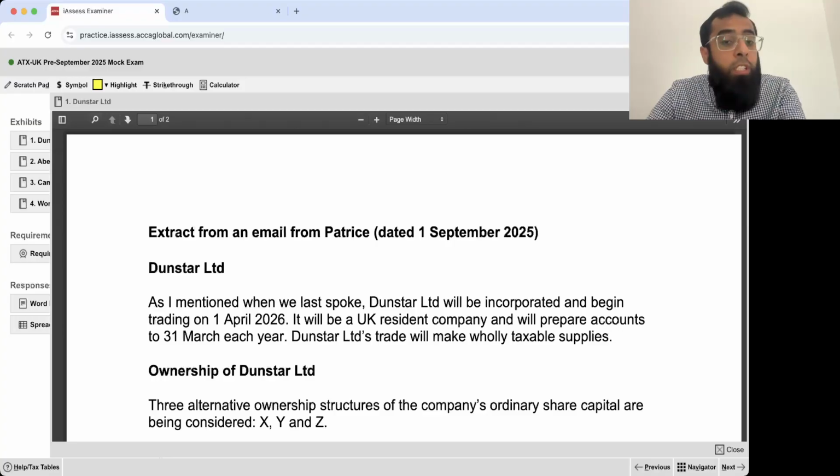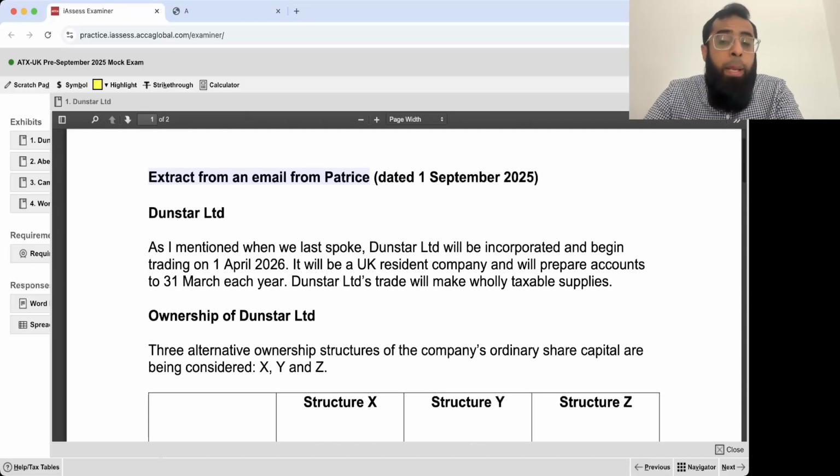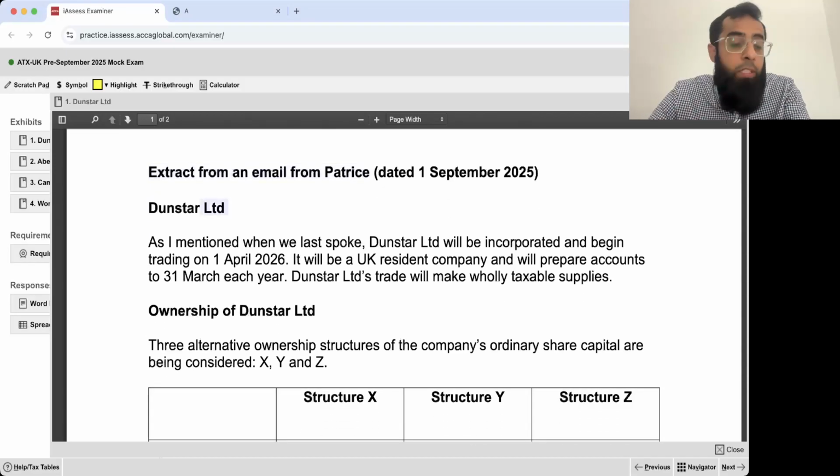Dunster Limited, which is our exhibit 1. Extract from an email from Patrice dated 1st September 2025. Dunster Limited will be incorporated and begin trading on 1st April 2026.